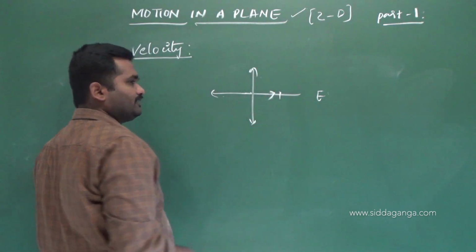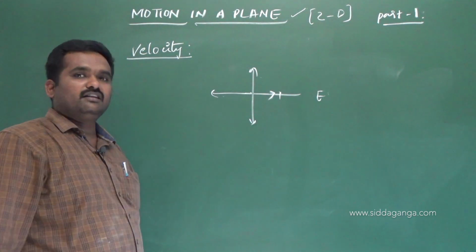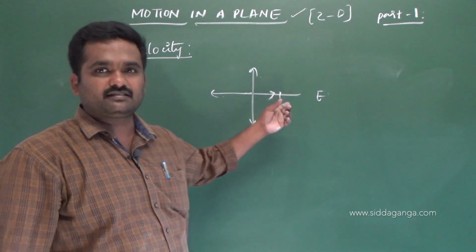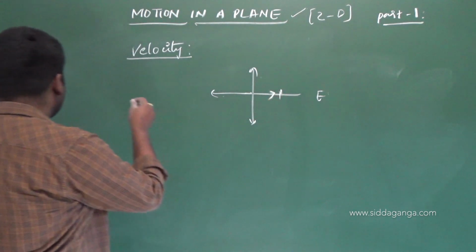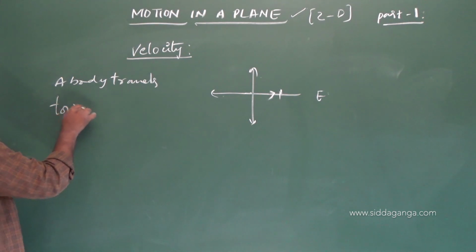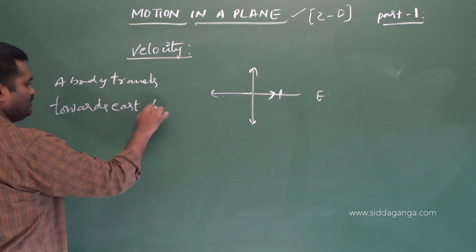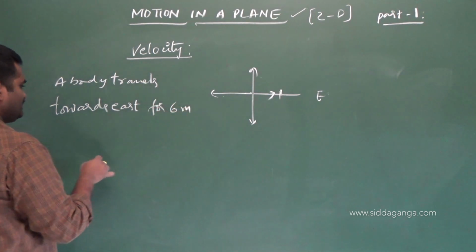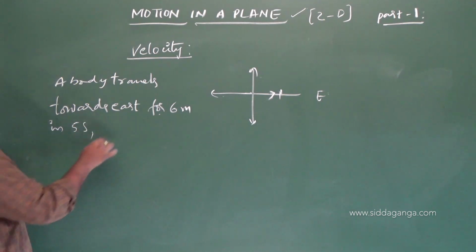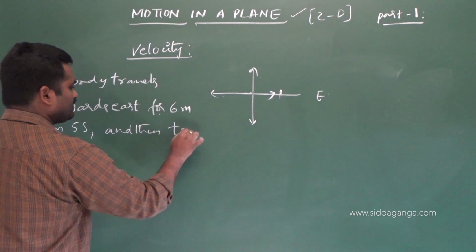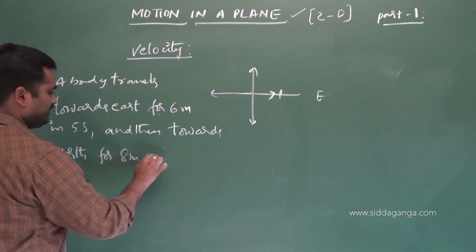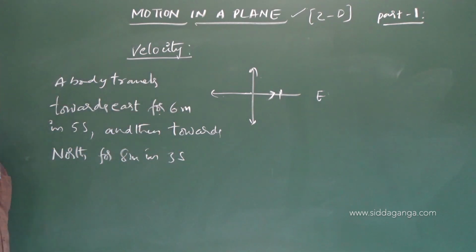Let me write that a body travels towards east for 6 meters in 5 seconds, and then towards north for 8 meters in 3 seconds.